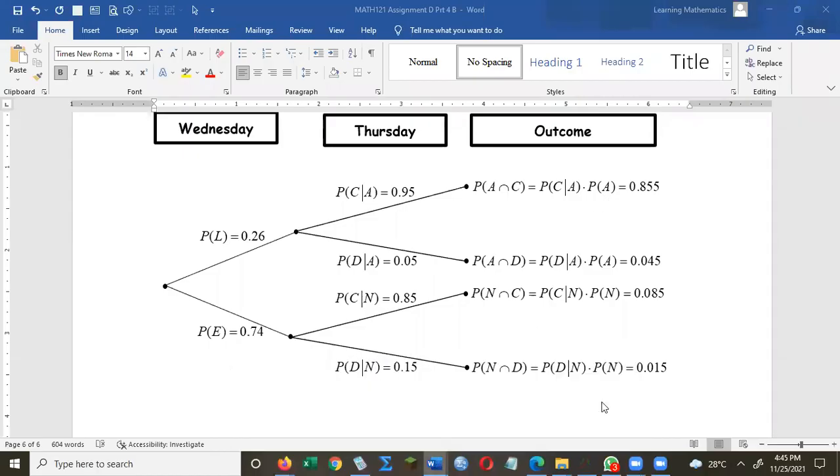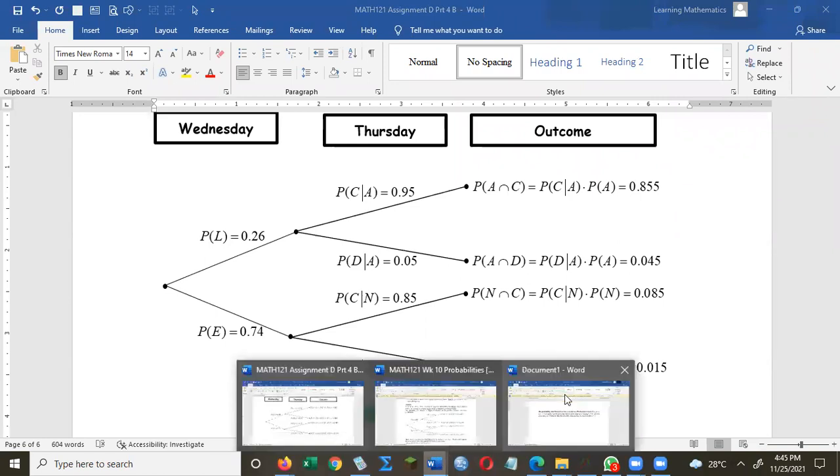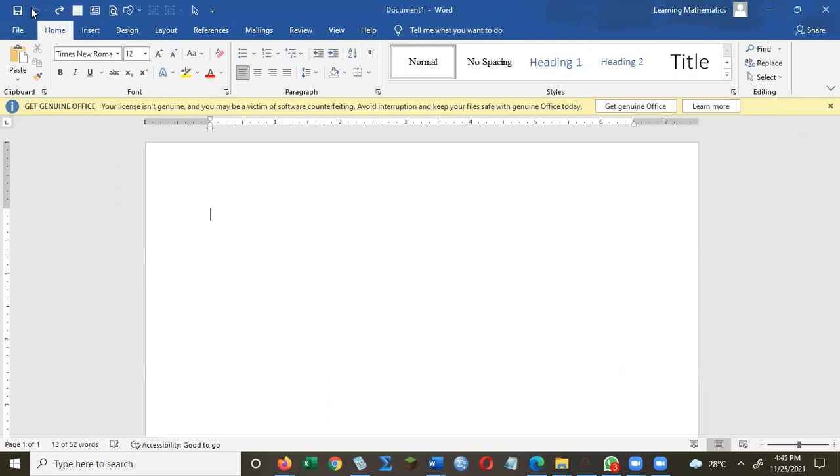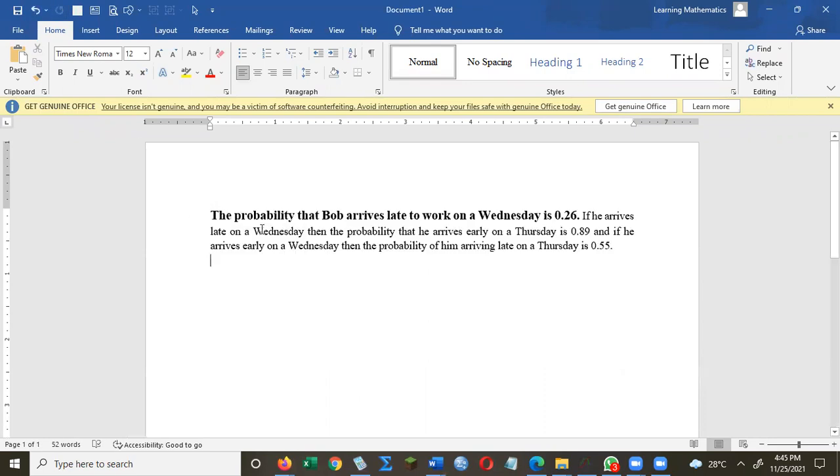Right, so now we are going to the second sentence in the assignment. So let's put that bit back, right. Second sentence.